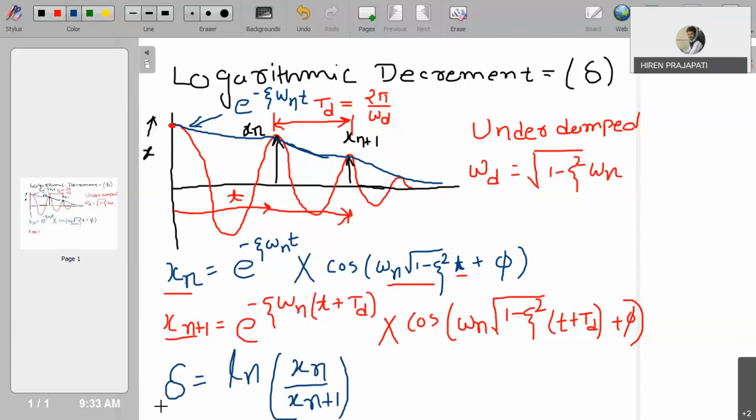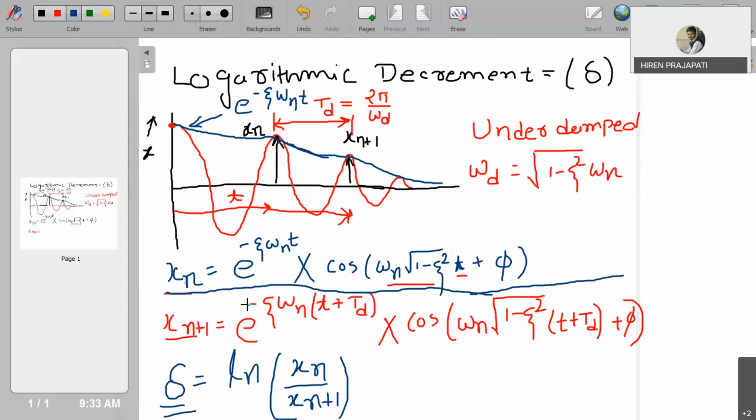So to find the logarithmic decrement of this given plot, we need to take the ratio of these two amplitude equations. Let us do that. Right now just ignore this ln, we just want to take the ratio of these two equations.